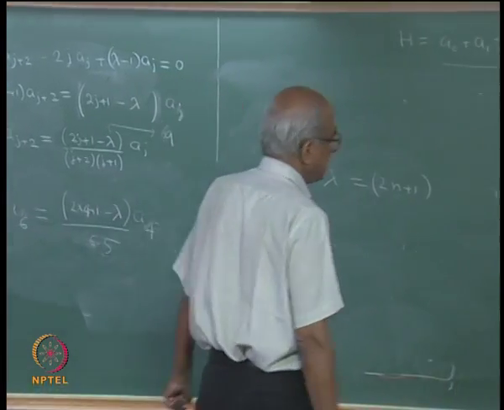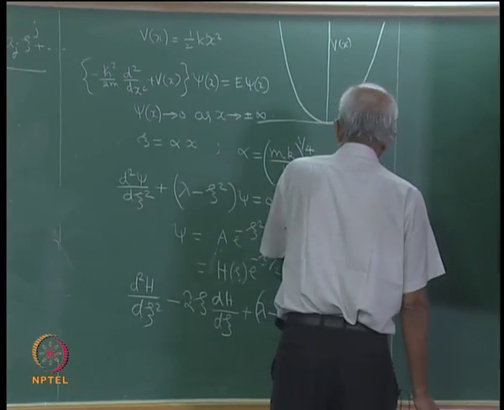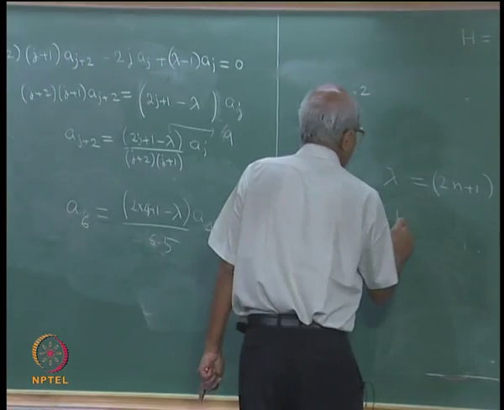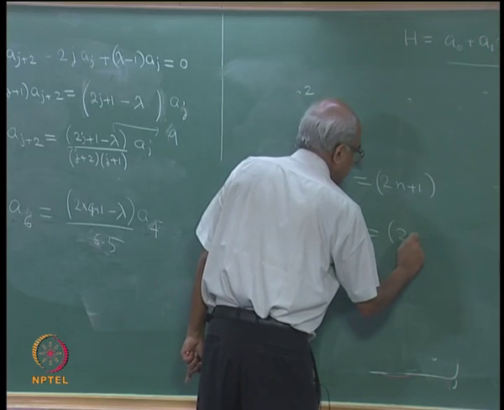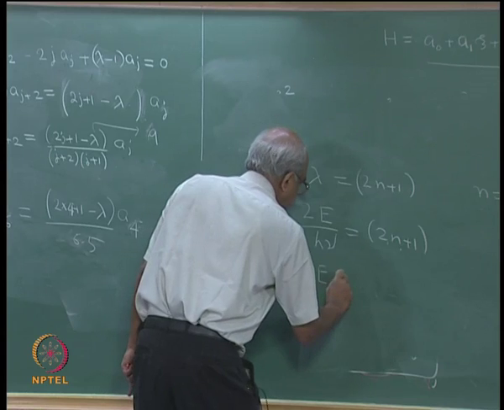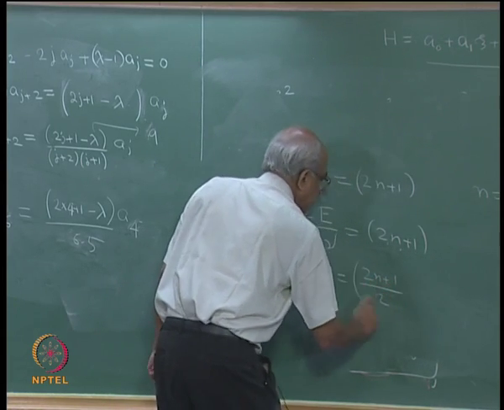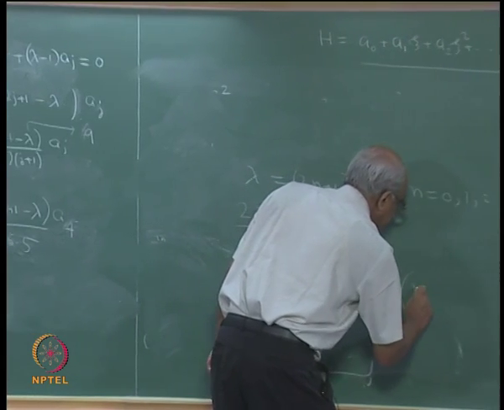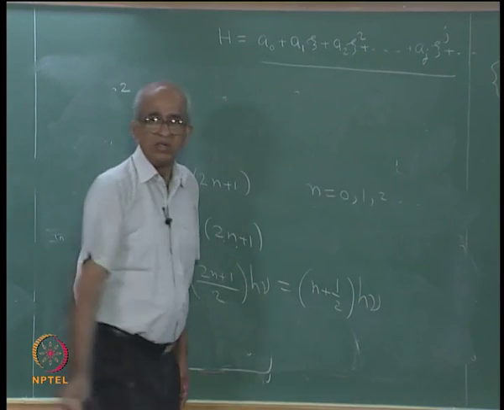And what does it mean in terms of energy? Lambda is related to the energy by this relationship. So, 2E divided by h nu must be equal to 2n plus 1, or that means E must be equal to 2n plus 1 divided by 2 h nu, or that means E must be equal to n plus half h nu.